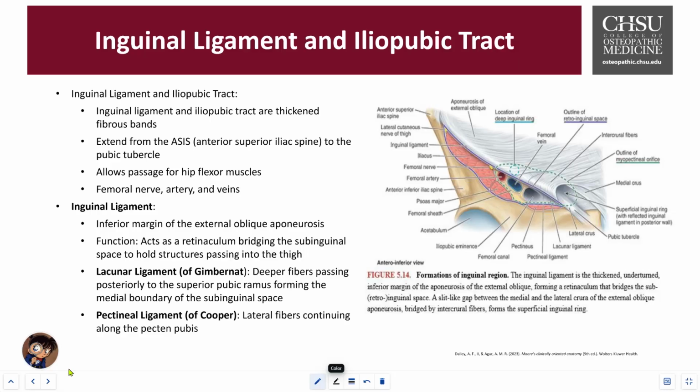And it plays a role in surgical repairs around the inguinal region or even any kind of these hernias. So over here you can see the structure of the deep inguinal ring, the outline of the retroinguinal space over here. We have the pectineal ligament right here. Over here we have the pectineal ligament and the lacunar ligament right here. Right at the base, right here.